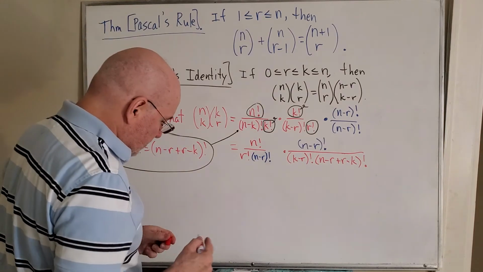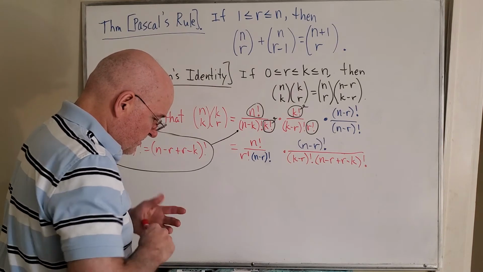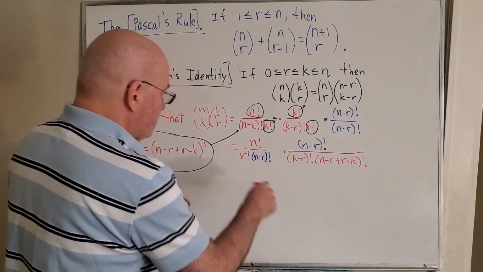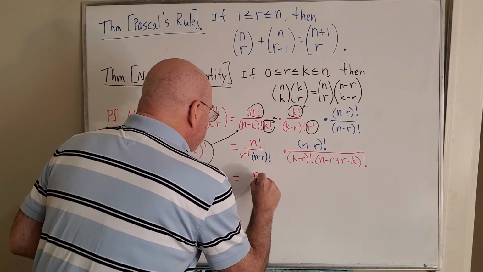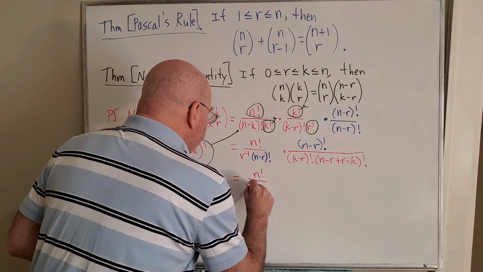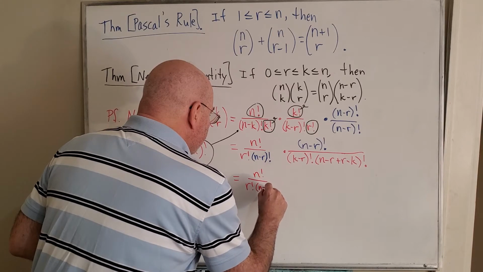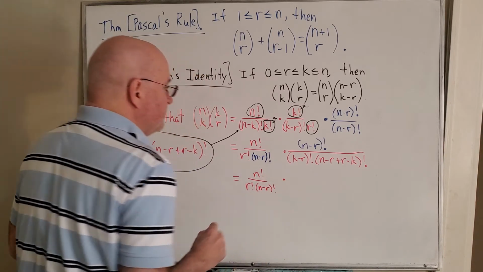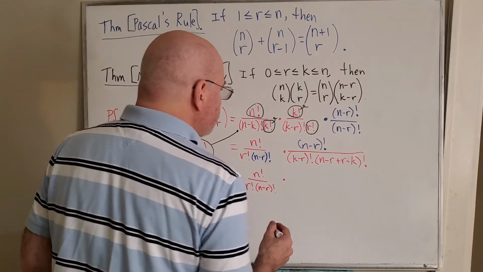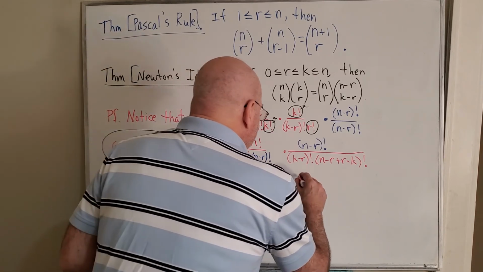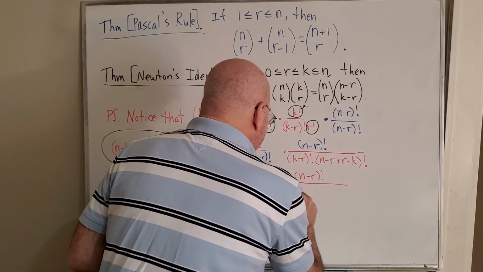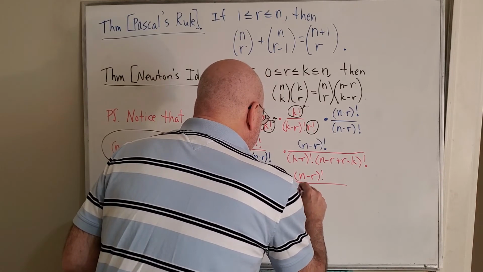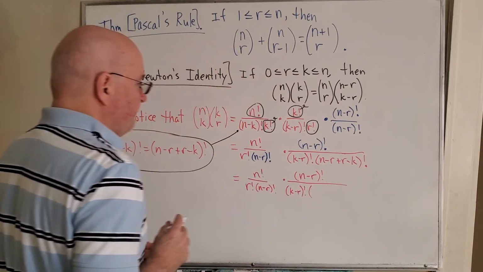So I'm going to do one simple modification on the next line. n factorial over r factorial, n minus r factorial, times n minus r factorial over k minus r factorial.